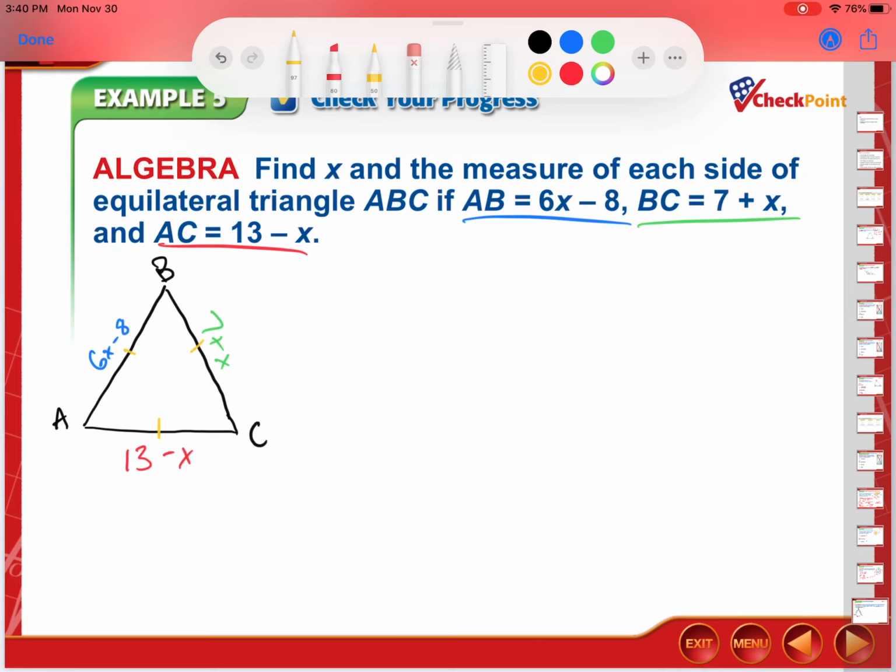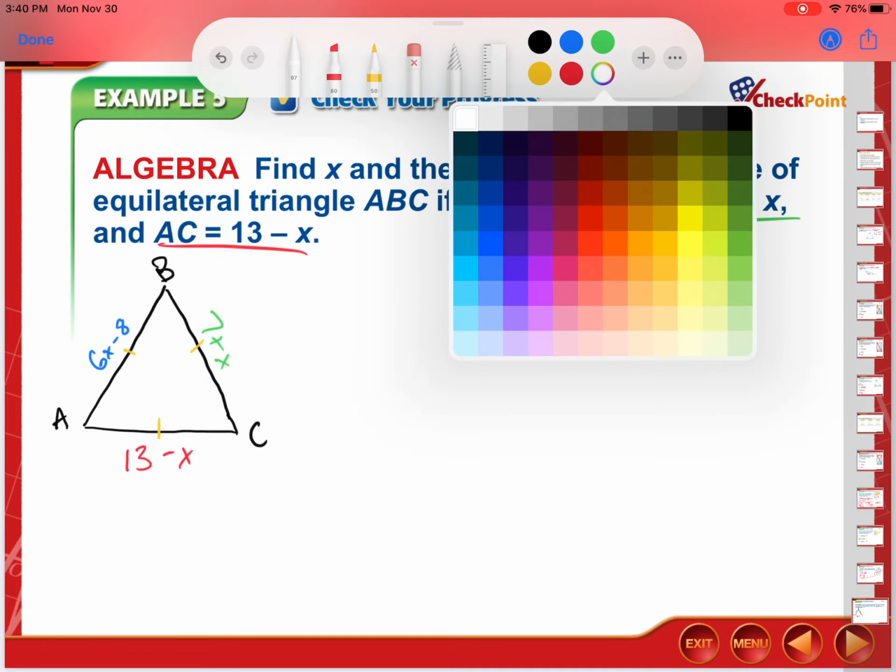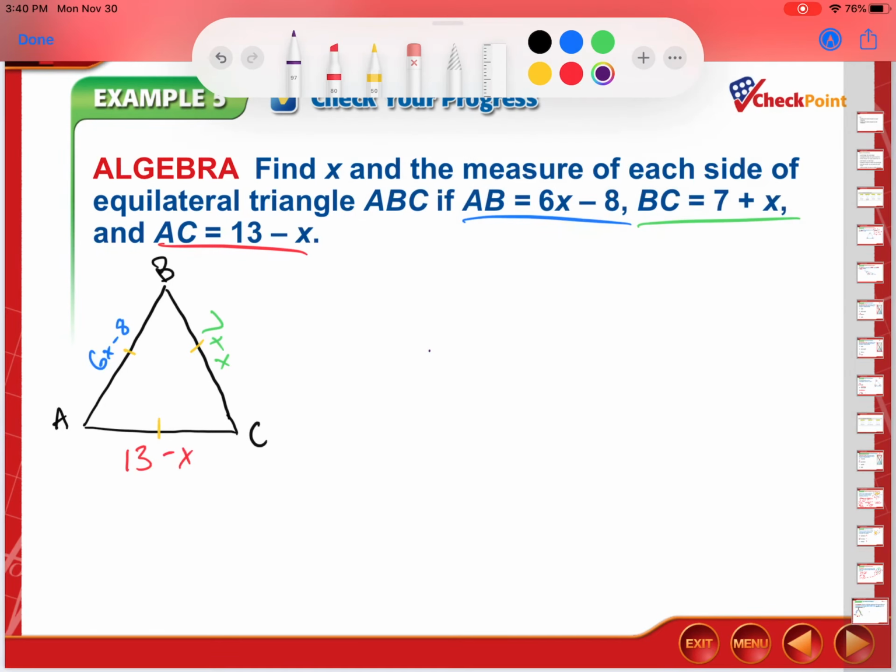Okay, since this is an equilateral triangle, we know that all three sides are the same. So I can choose any two of these and set them equal to each other to find my x value. I'm going to choose AB and BC.